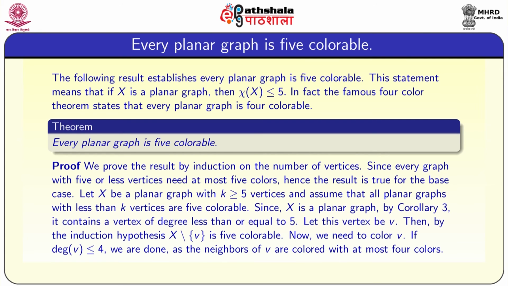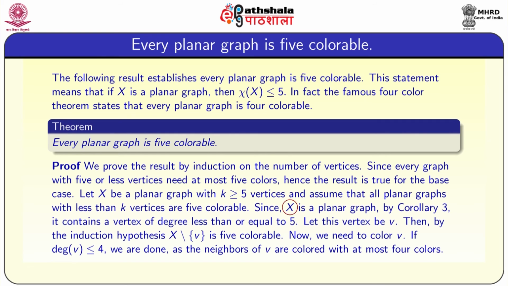Proof: we will prove the result by induction on the number of vertices. Since every graph with 5 or fewer vertices needs at most 5 colors, the result is true for the base case. Let X be a planar graph with k greater than or equal to 5 vertices, and assume that all planar graphs with fewer than k vertices are 5 colorable.